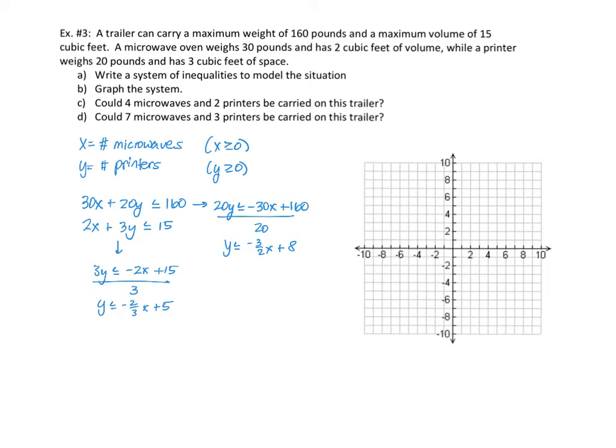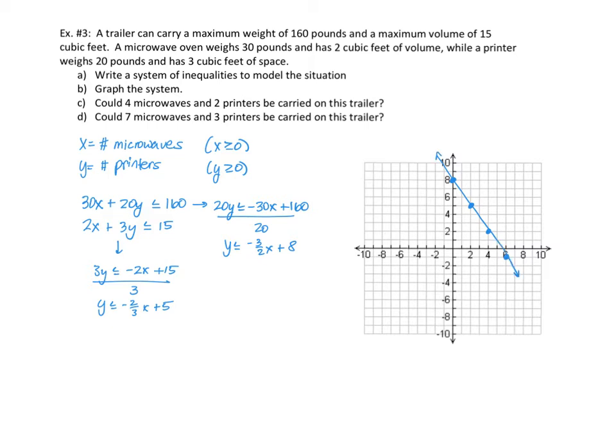Less than is going to make my shading go below my lines. So here, starting at positive 8, for a slope of negative 3 halves, I'm going to go down 3 and right 2, down 3, right 2, down 3, and right 2. I'm going to connect those with a solid line.